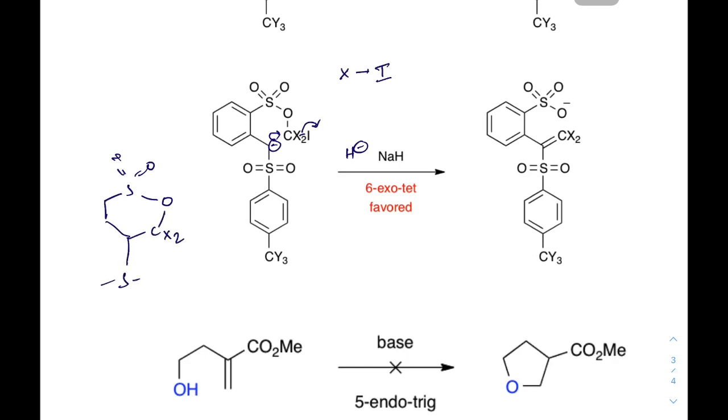In this case, this is also a 6-member ring, but there the arrow is going outside of the ring, therefore it is 6 exo tet. This is favorable. You can see the list. Now after that, one negative charge is generated over there due to the presence of another equivalent of base. This negative charge flows this way and gives this type of product. This is favorable, but the previous one is disfavorable.